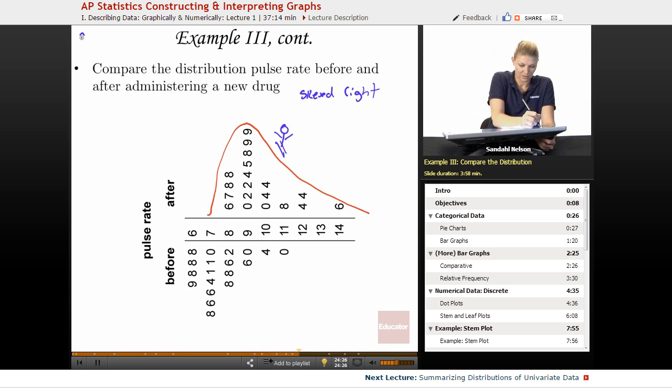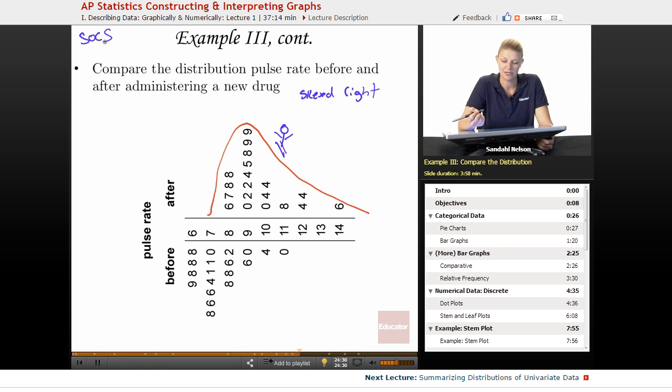And then remember the SOCs. We'll go more into detail about the SOCs later, but for now let's kind of give an estimate. We'll say there may be an outlier at 146. And then center. Where is this centered, right? It's centered somewhere around here. So we'd say it's centered around 95.